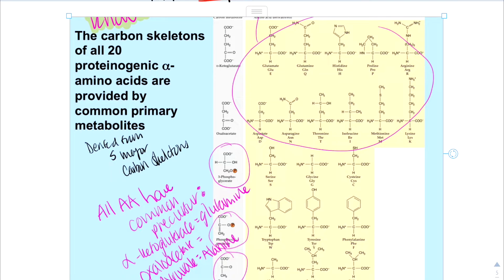So alpha ketoglutarate has multiple types of derivatives, and these are the derivatives that make alpha ketoglutarate, and these are the derivatives that make oxaloacetate. So just familiarize yourself with and recognize the types of amino acids that can make these different structures.